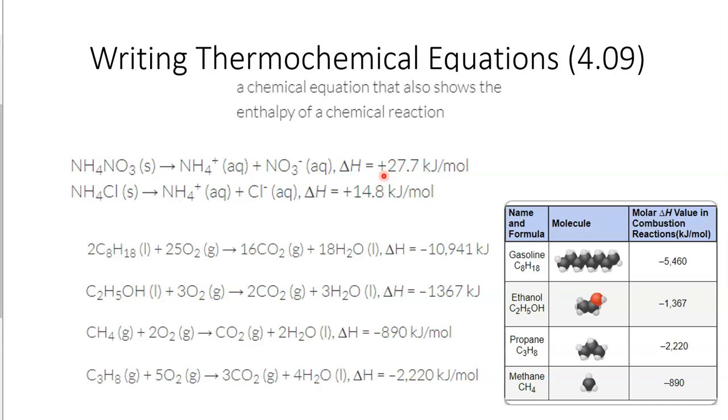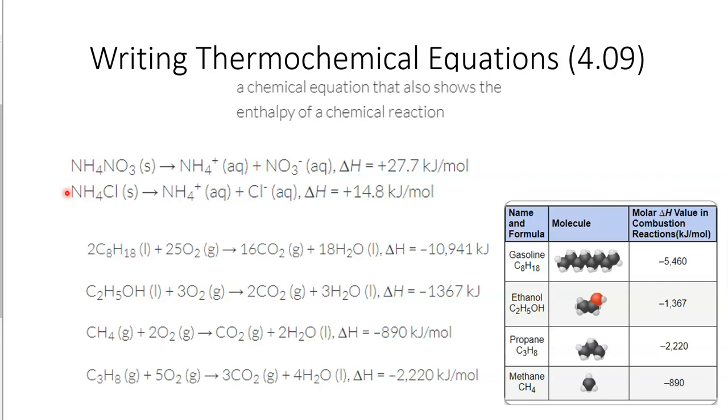That means that the surroundings are going to get colder. So this is one of the actual chemical reactions that happens in one of those ice packs. When the ammonium nitrate breaks down, it absorbs 27.7 kilojoules of heat from the pack itself, from the surroundings, and the pack gets colder. This is another example here of an endothermic reaction.